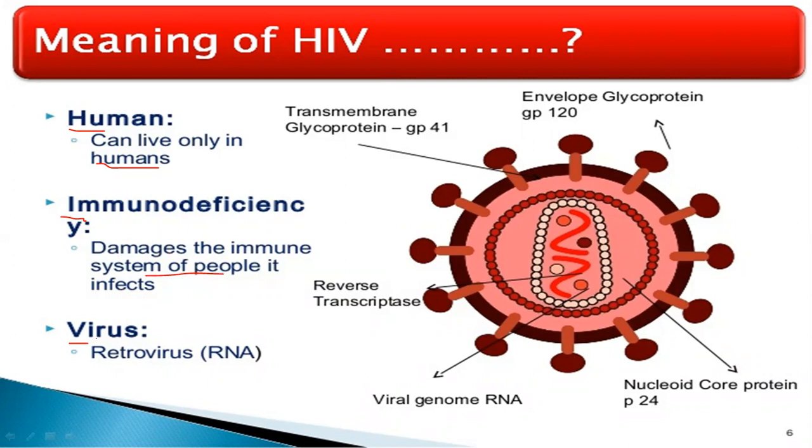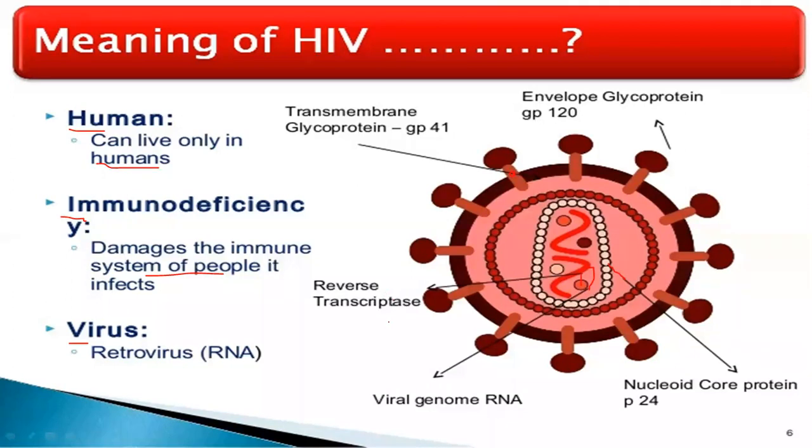And it is a retrovirus. It is called a retrovirus because it has RNA, and from RNA it makes a complementary copy, then it makes DNA of that, and then it incorporates it into the human genome. That's why it is called a retrovirus.